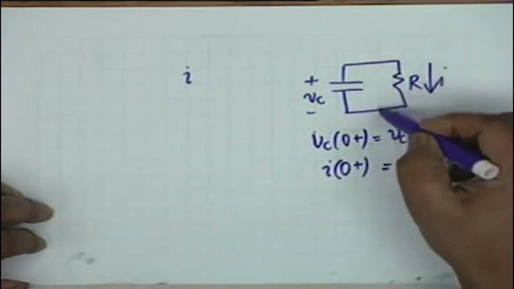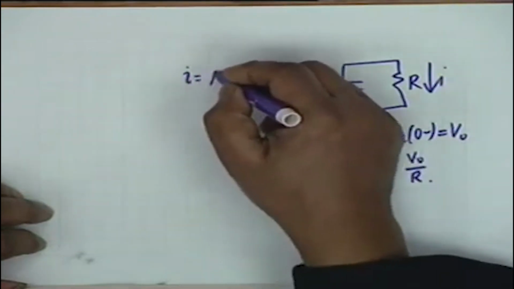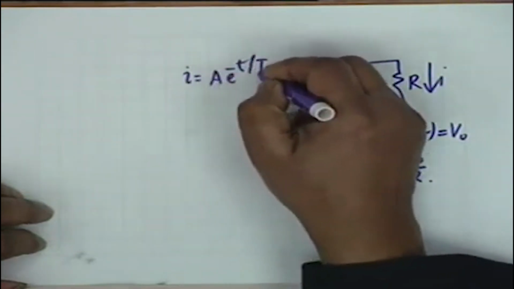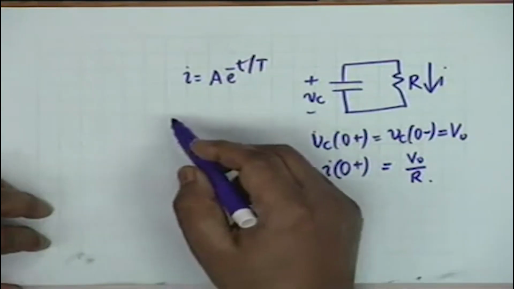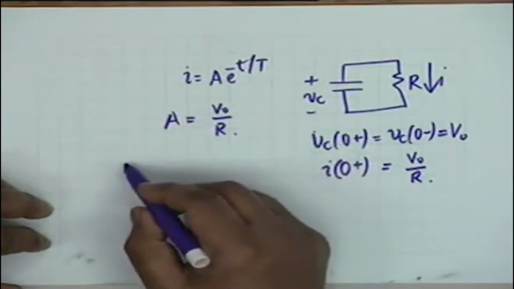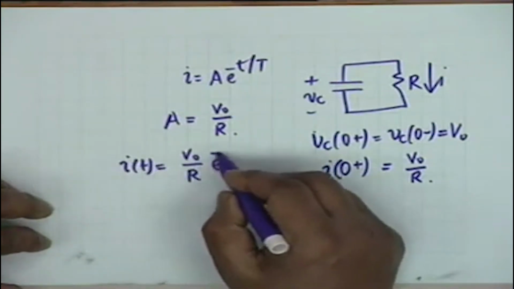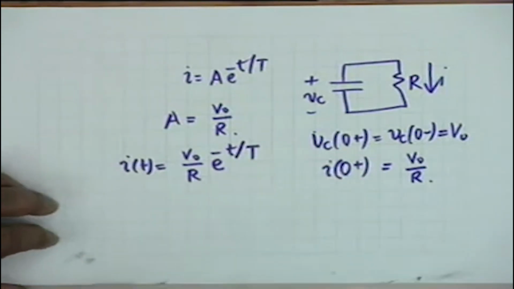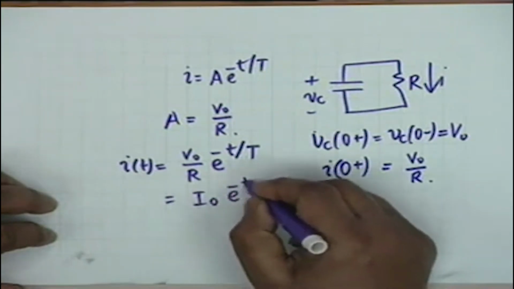It must be V0 by R. Our solution is A e to the power minus t by T. So i(0+) is obtained by putting t equal to 0, which means that A must be equal to V0 by R, and therefore the total solution is V0 by R e to the minus t by T. Alright. Now let us call this as I0 e to the minus t by T.